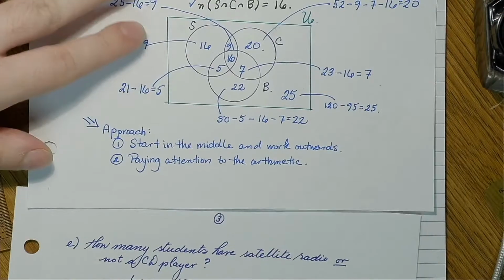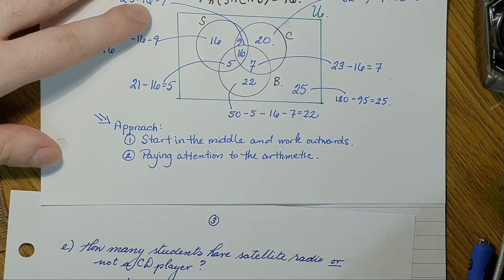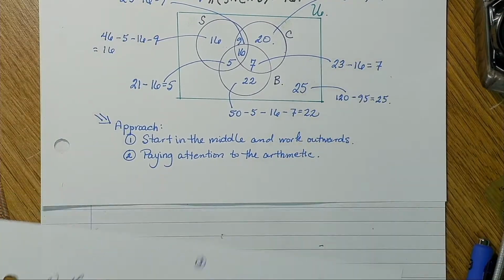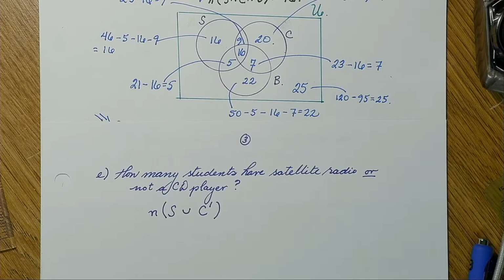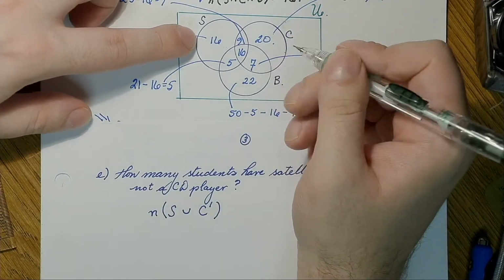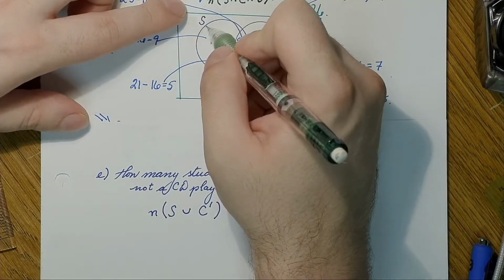So now what we can do is shade in the Venn diagram. With union, we can just keep applying our pencil lead.